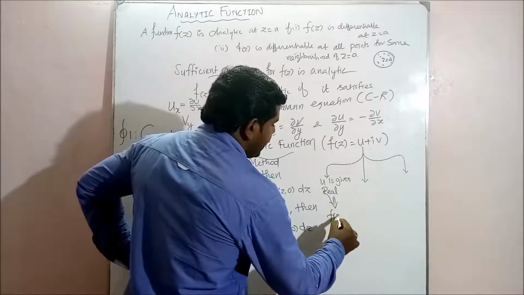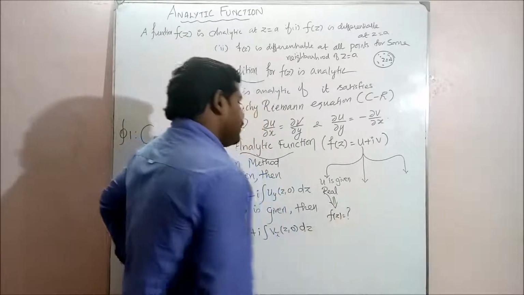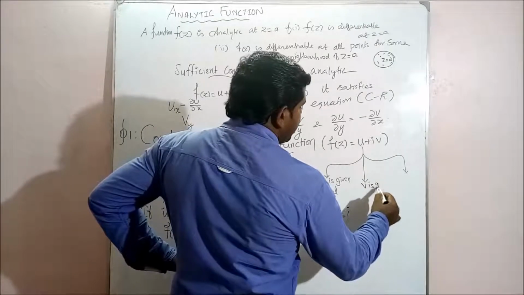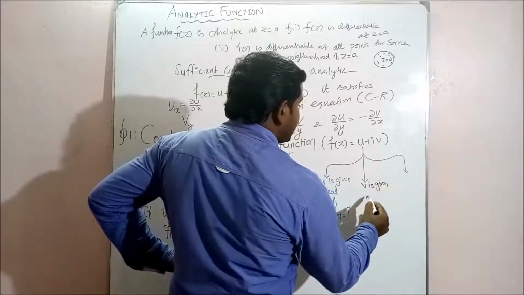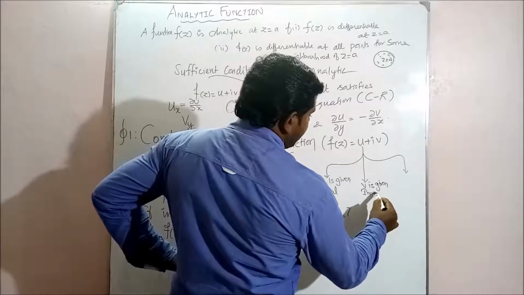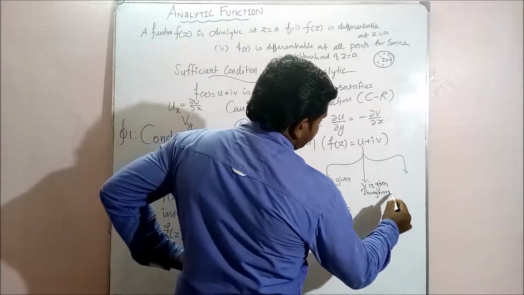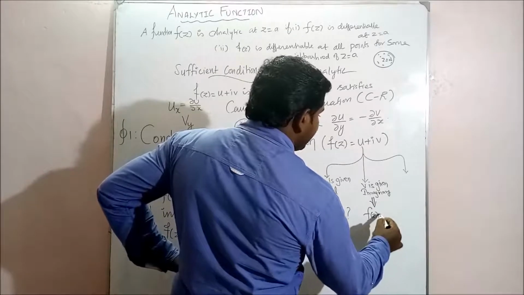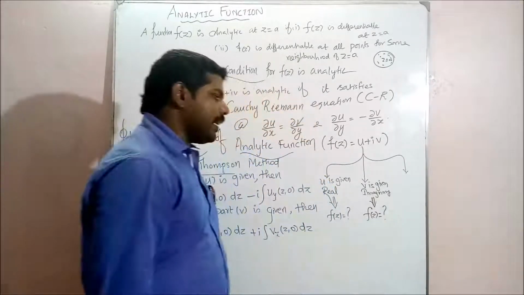Then the imaginary part is given, v is given, imaginary part v கொடுத்துக்கிட்டு f of z கேட்கிறது, so second type.